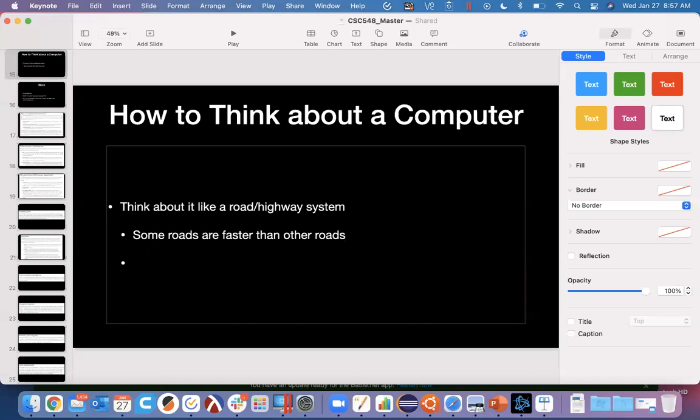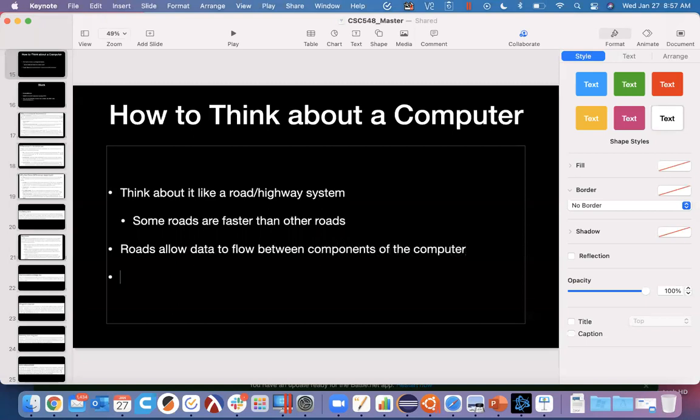So, roads allow data to flow between components of the computer. Memory is like a toll booth, where not all toll booths are created equally.